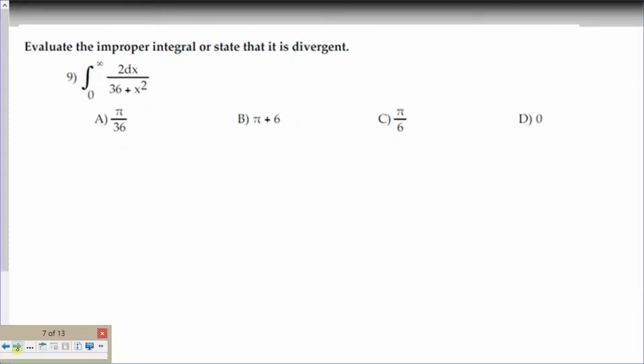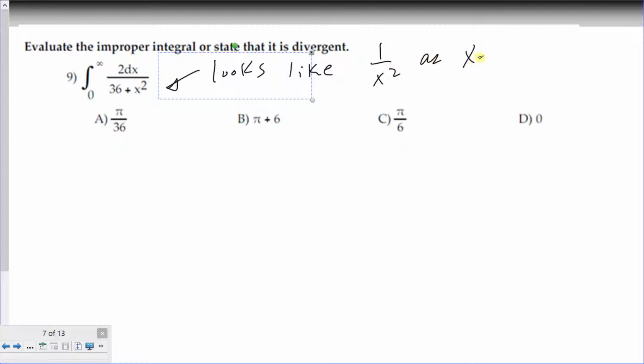Now let's work some problems. It says evaluate the improper integral or state that it is divergent. Well, we already know that this behaves like 1 over x squared as x goes to infinity.